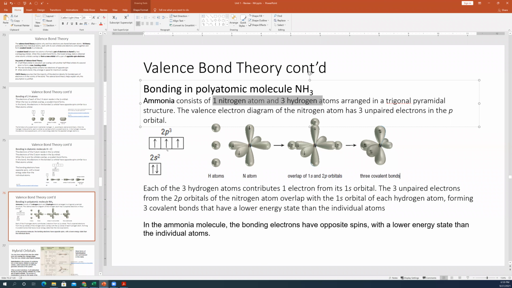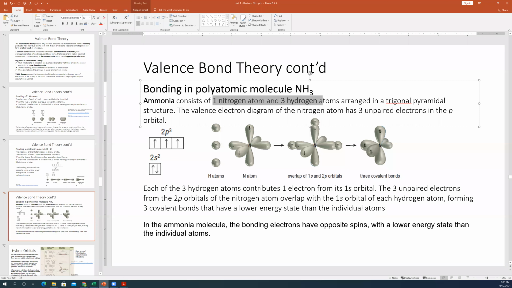So each of these electrons can then share with the 1s electrons from 3 hydrogen atoms. One of the hydrogens goes to this one, one of them goes to that one, the other one goes here, and they start sharing. Once they share, they form 3 covalent bonds.